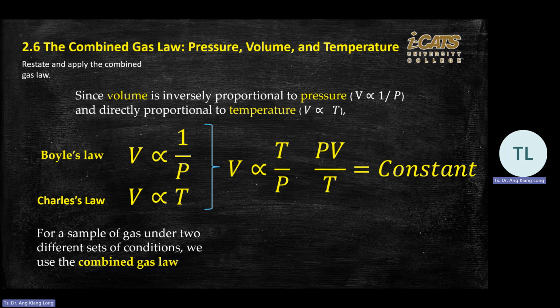Okay, so when we have a sample of gas under two different sets of conditions, we use the combined gas law. It means the question gives you different temperature, different pressure, then you use the combined law.